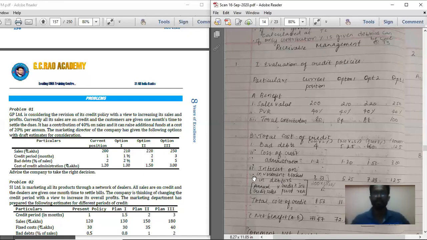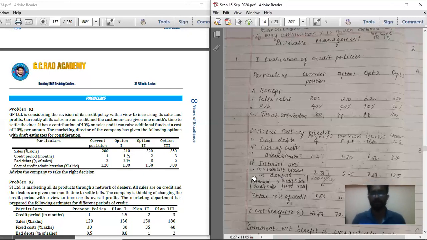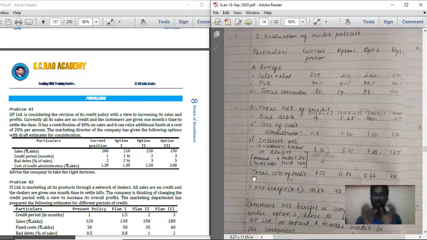So this is the simple concept. For the amount which is getting logged in the debtors, for that amount you should calculate the opportunity interest cost. That's all. I explained so much, but this is the only concept in receivables management. If you can understand this easily, then receivables management is done. So what is the formula?